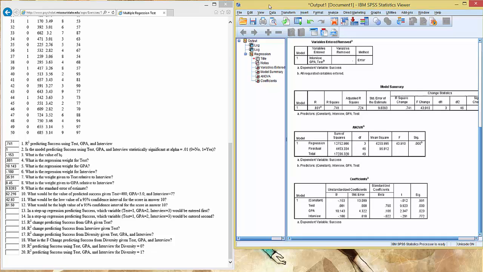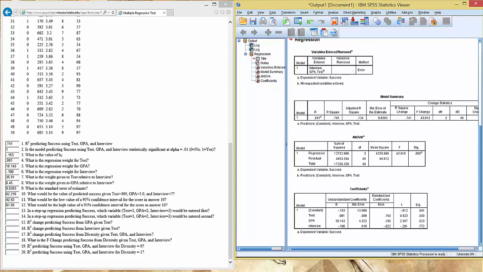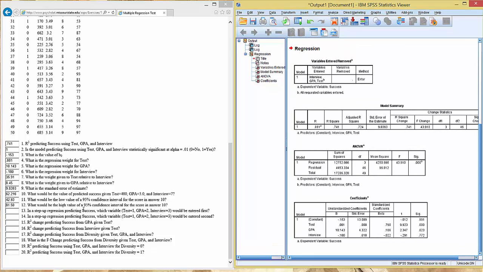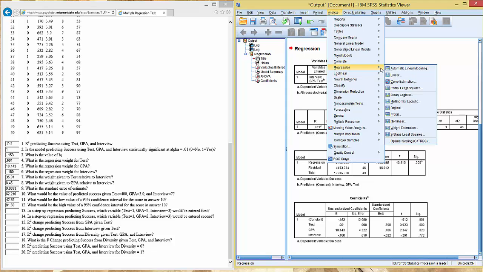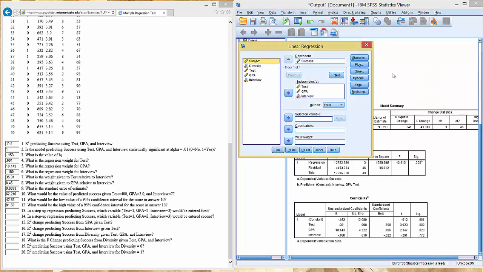In a step-up regression, predicting success, which variable would be entered first? Analyze, regression, linear, and we'll do stepwise.